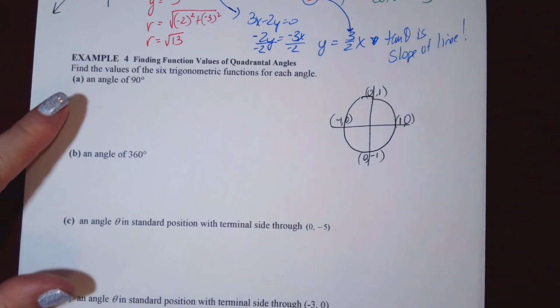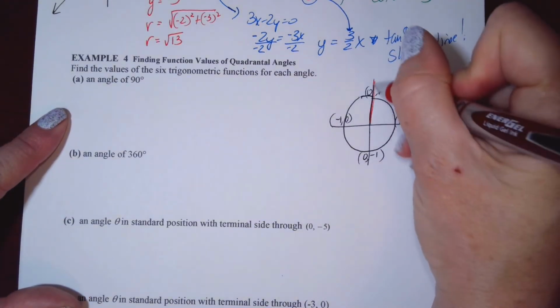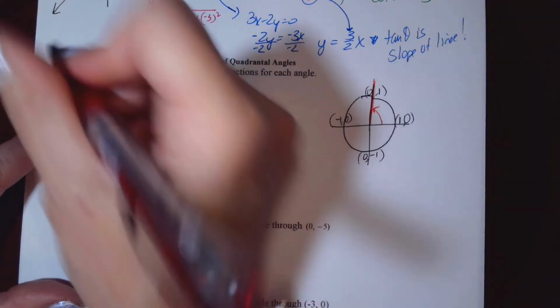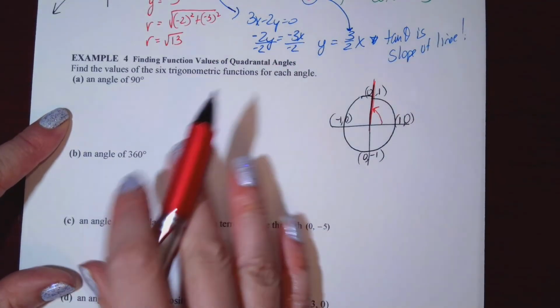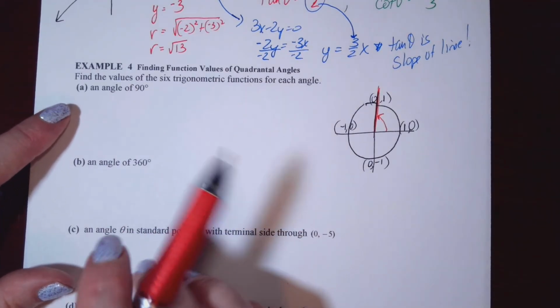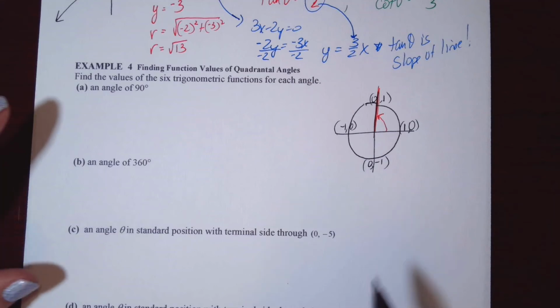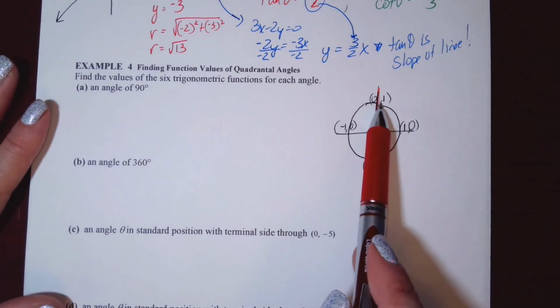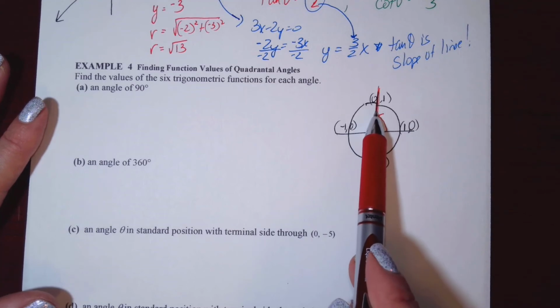An angle of 90 degrees is right here. That's my first quadrantal angle, 90 degrees. If I am looking at the 6 trig function values for an angle of 90 degrees, r is 1 here, then sine is y over r.